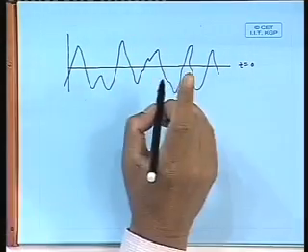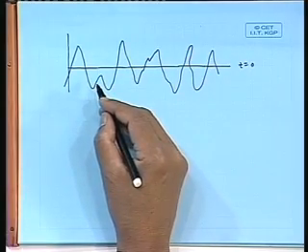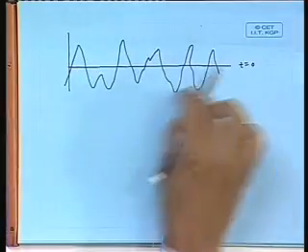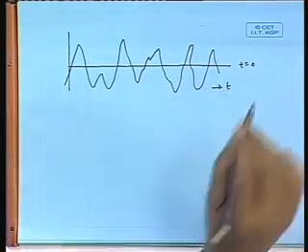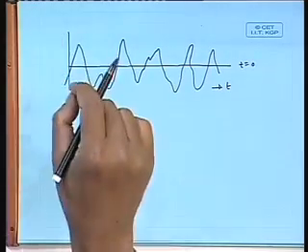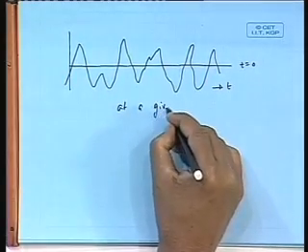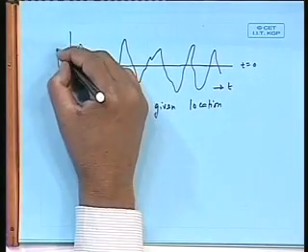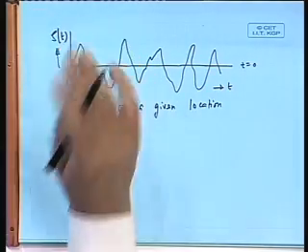Because it is a random signal, we first have to define certain parameters by which you may say this curve is characterized. Let us say that this is plotted against t at some given location x, and this is my so-called xi as a function of time, that is, wave height.